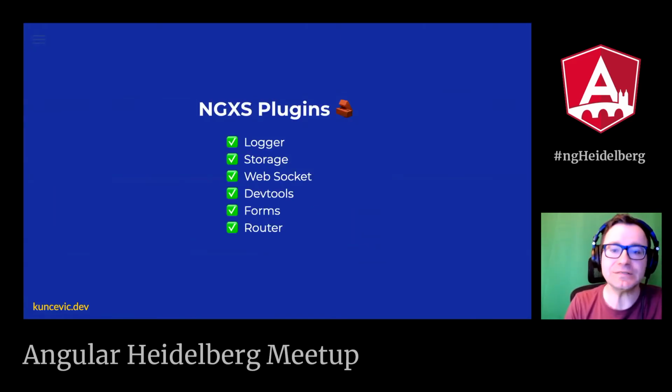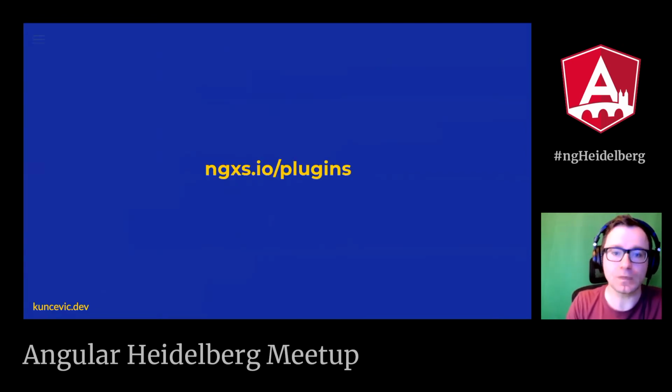Here's a list of plugins built by the community that is currently available as separate NPM packages. You can simply npm install any plugin, just as you normally install NPM packages, and get the benefit of it right away. If you want to learn more about NGXS plugins, check out this URL, and I'll show you some plugins in action soon.